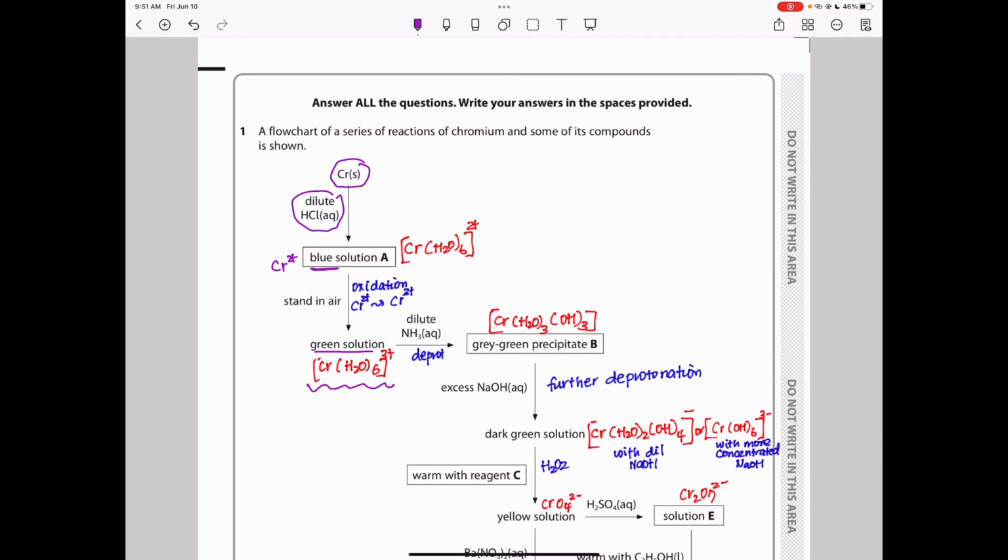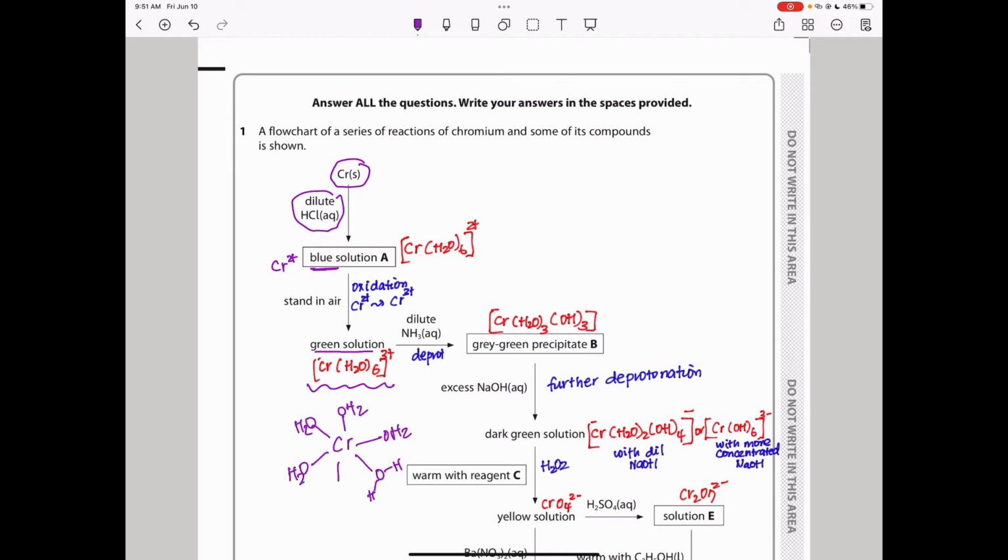Usually when you have a hexa-aqua complex and you add dilute ammonia, it's going to be a deprotonation reaction. Let me show you. I know most of you know it, but imagine there are 6 water ligands all over.